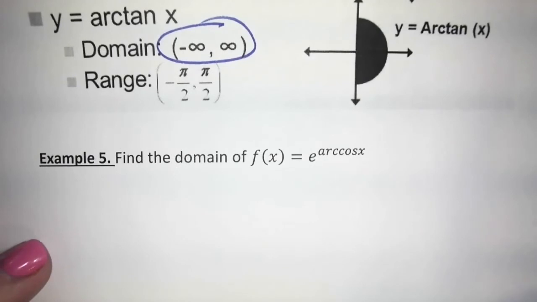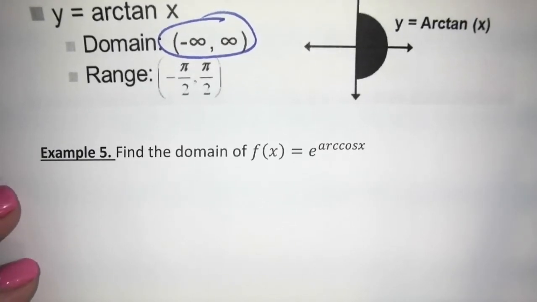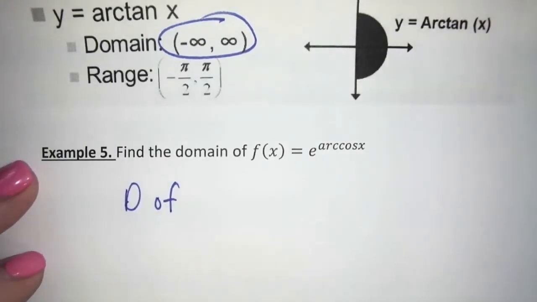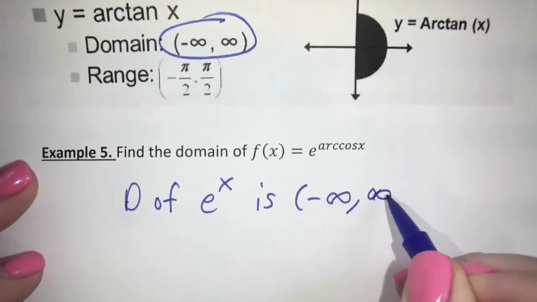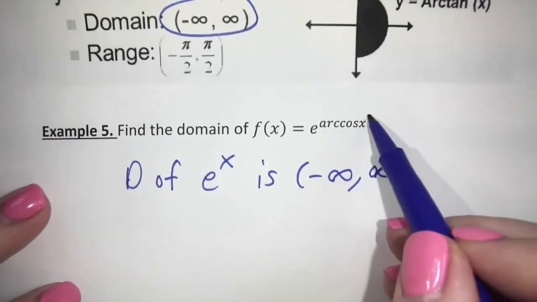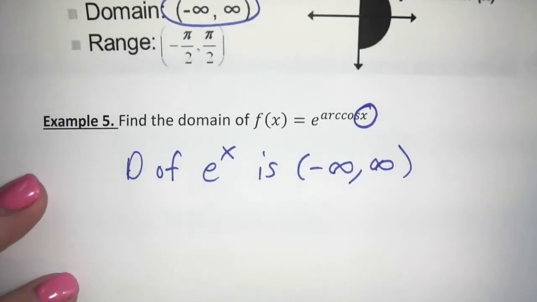So one of the ones that's come up commonly is find the domain of f of x equals e to the arc cos x. So one thing, people look at the domain of e to the x, which is -infinity to infinity. But you can't use that for e to the arc cos x because whatever goes in here for x is going into arc cos, and then it's being e'd.